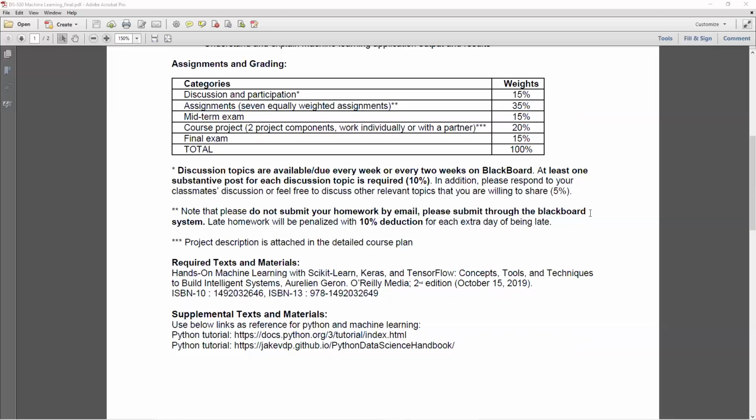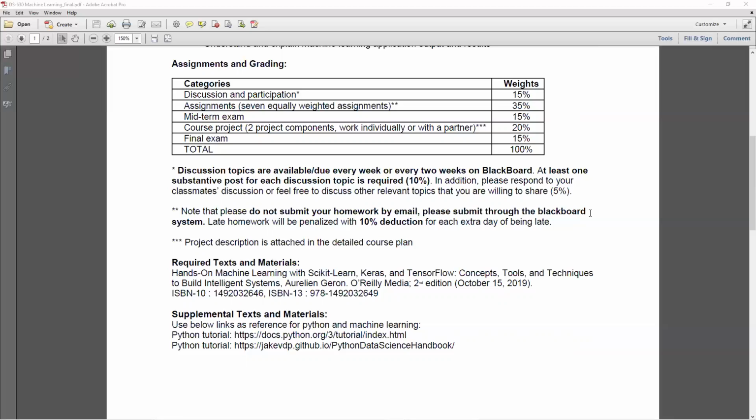For the first week, it's a simple introduction and whether you have any background in machine learning. But going forward, it's going to be a little bit more involved. And other than that, you should have some response to your classmates' discussion, and feel free to discuss other relevant topics that you are willing to share.